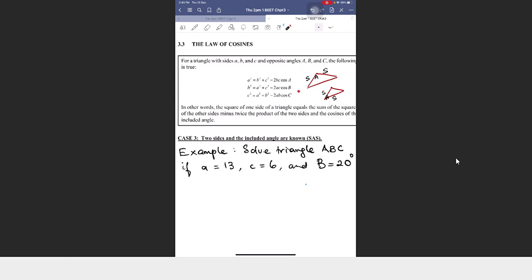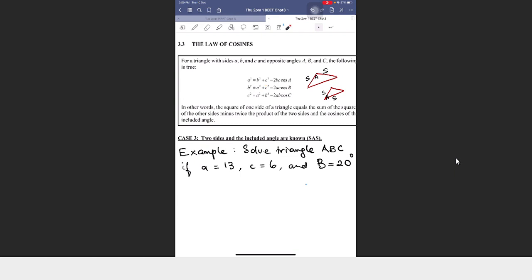If you look at this type of triangle, this side and this side and this angle are all different letters, meaning A, B, C. If you look at the right hand side of your formula, the first one has B, C, and then A. Because the angle is one, the formula only requires one angle and two sides.